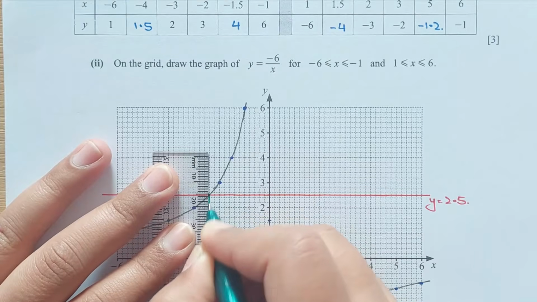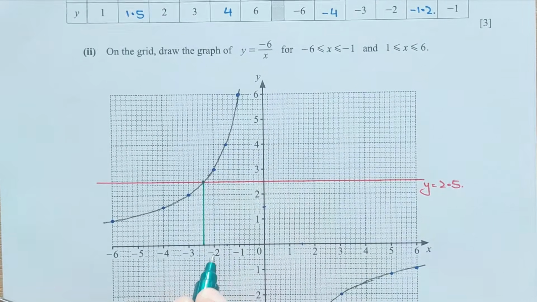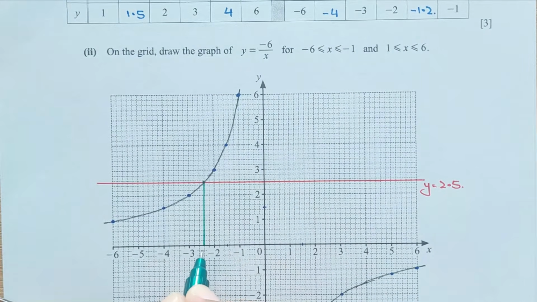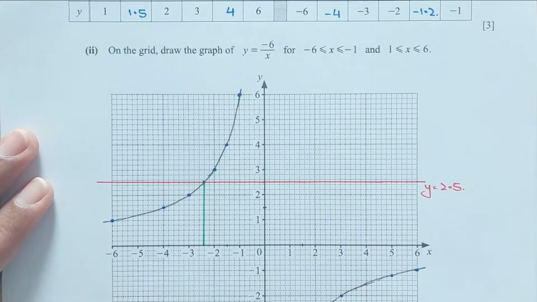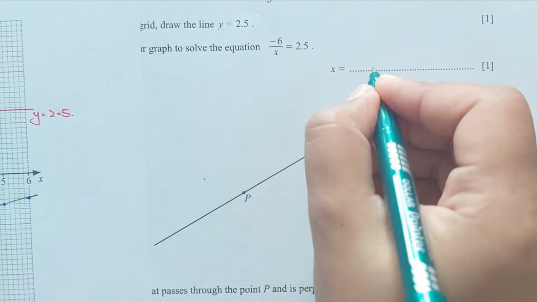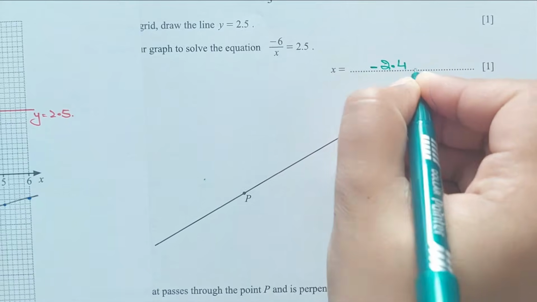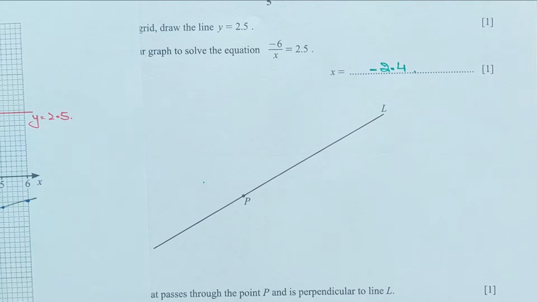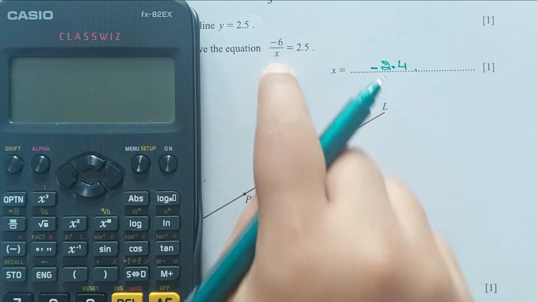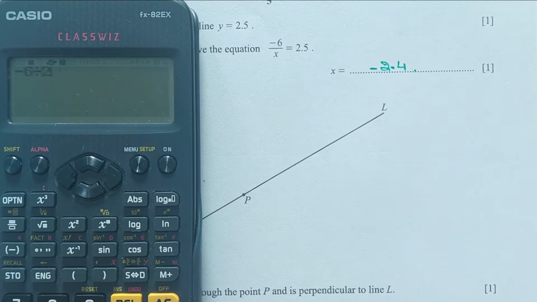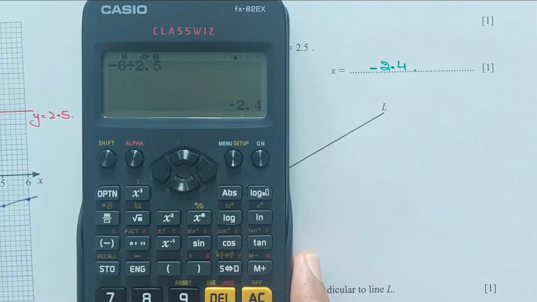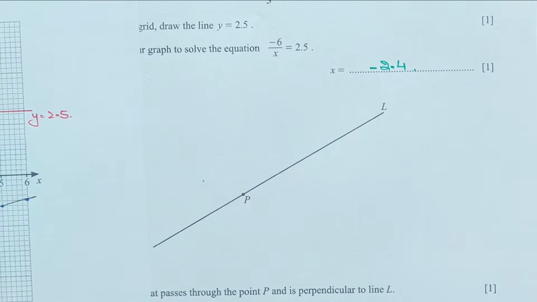The curve and the line intersect at this point, and here we have minus 2, minus 2.2, minus 2.4. So x is minus 2.4. We can also verify by finding the value of x by doing minus 6 divided by 2.5. This is minus 2.4. Yes, this is correct.